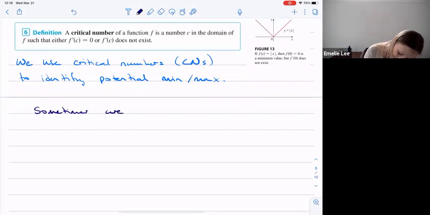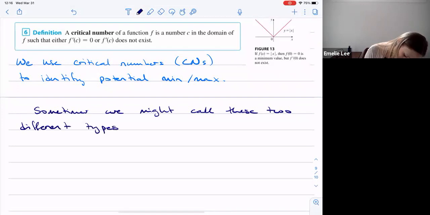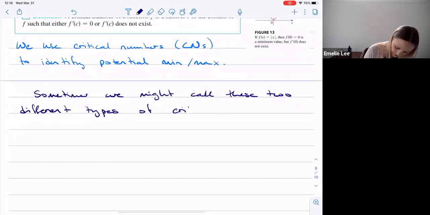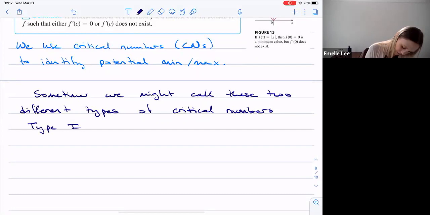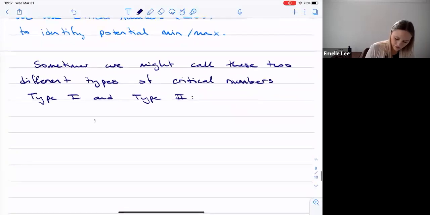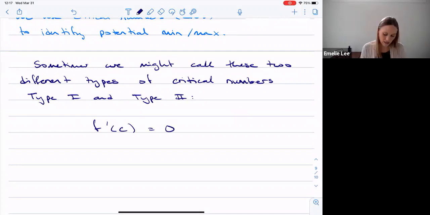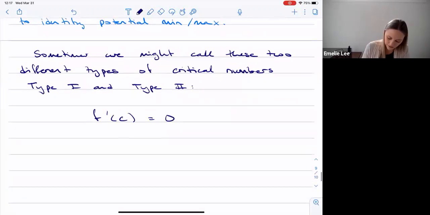Sometimes we might call these two different types of critical numbers, hey, I just established the abbreviation, I should just use it, type 1 and type 2. If the derivative at C is equal to 0, then I can call that a type 1 critical number.